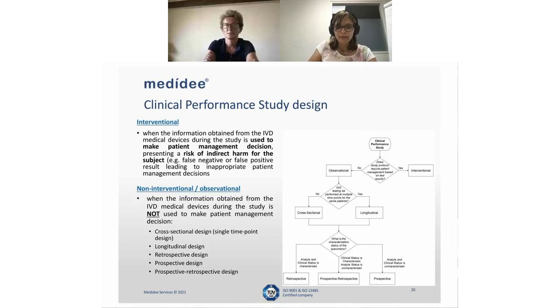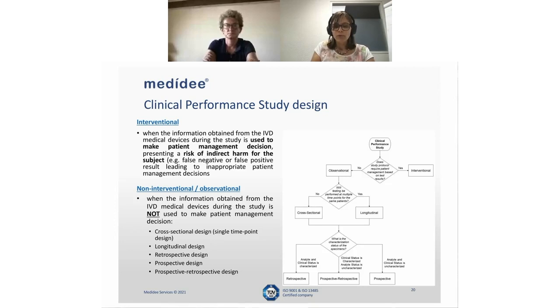It can be a retrospective design, where at a given time point you will assess data which have already been taken, or samples that had been archived and medical decisions had already been taken, or you know the clinical outcome of the patient, and in a retrospective study you are going to see whether your device is able to match the clinical outcome.